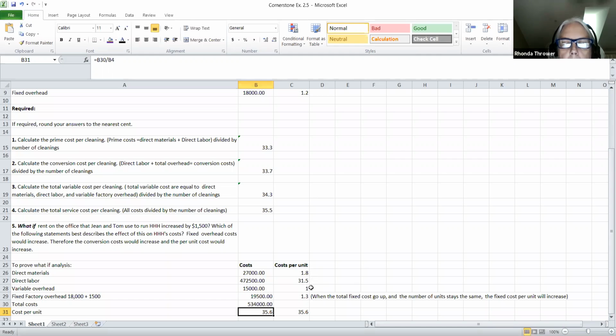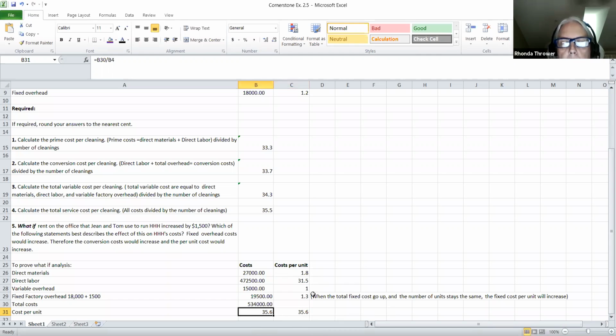If you were to combine all of these together, the total cost is $35.60. So there's lots of different ways that you can calculate the cost per unit. But in this case, I've given you two separate ways so that you could see either way.